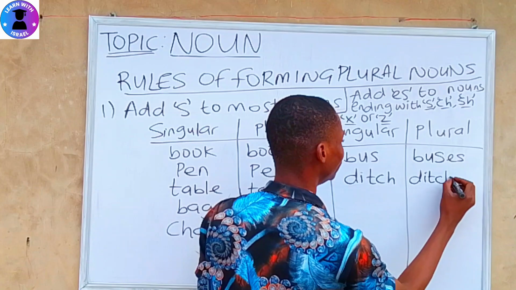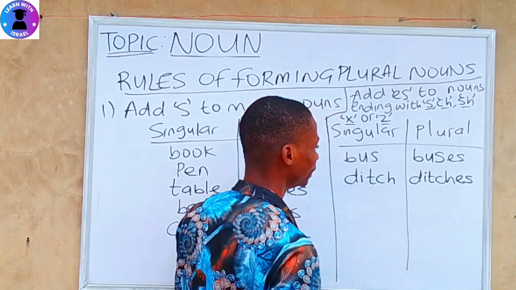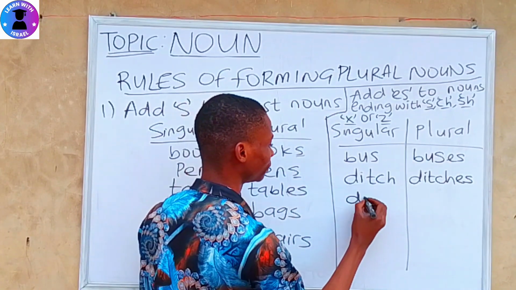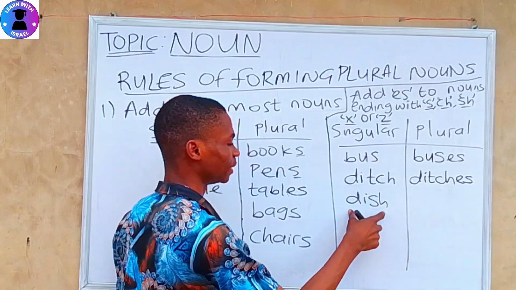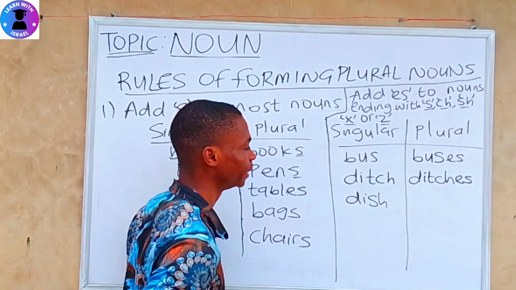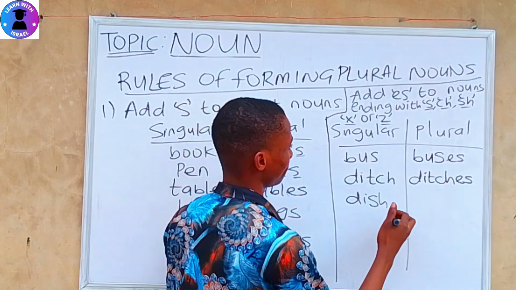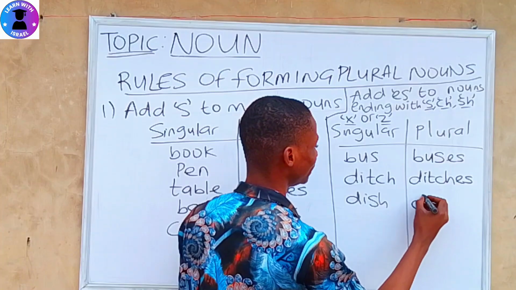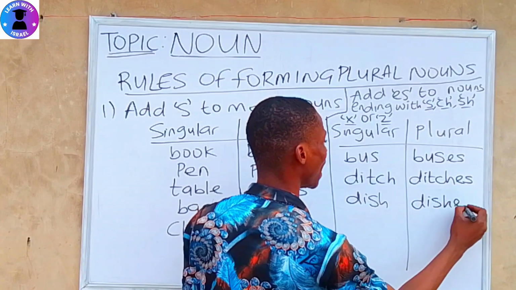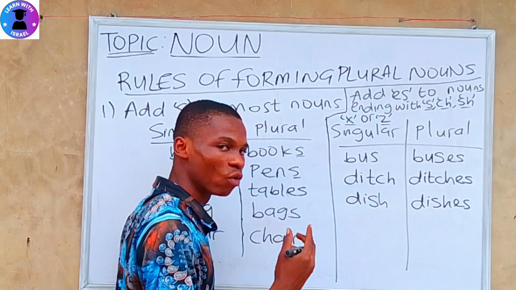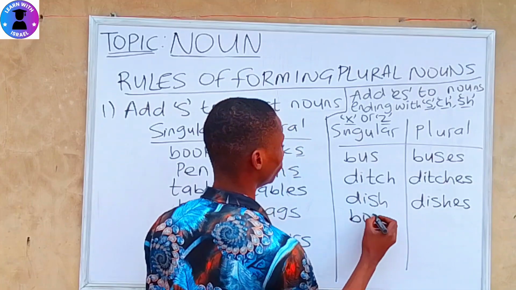It's now dishes. When I'm talking about this dish, it is used in the kitchen. We add es to it. It is now dishes, more than one. We also have box, which ends in x.